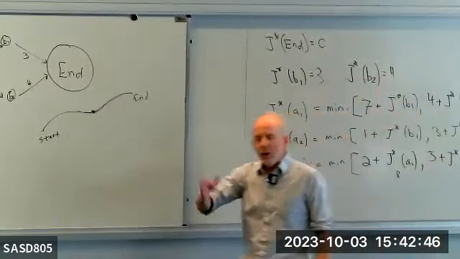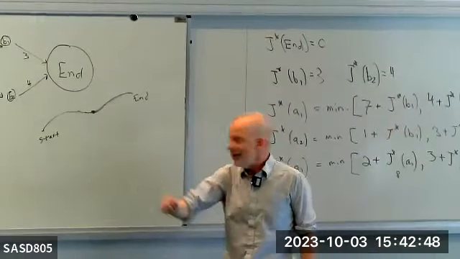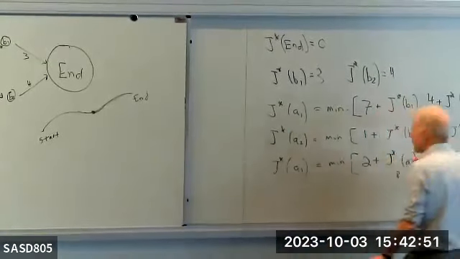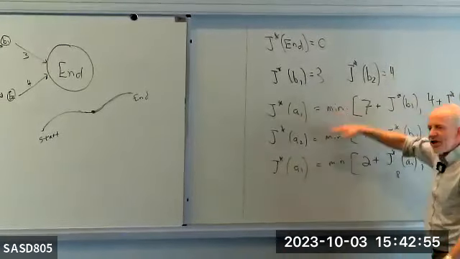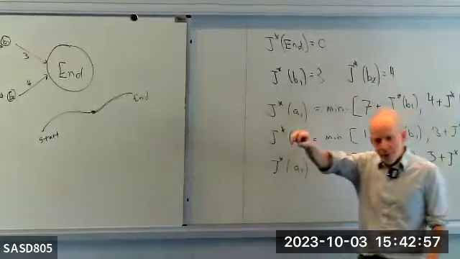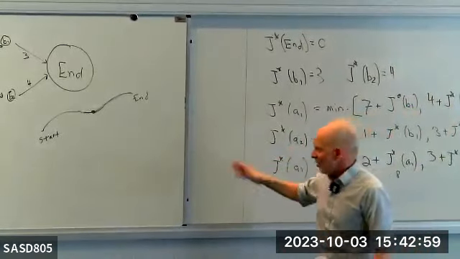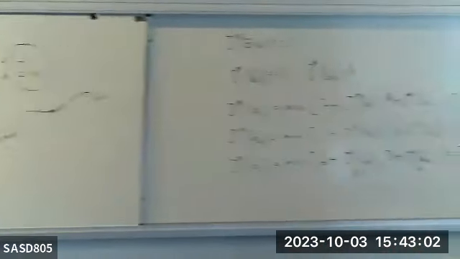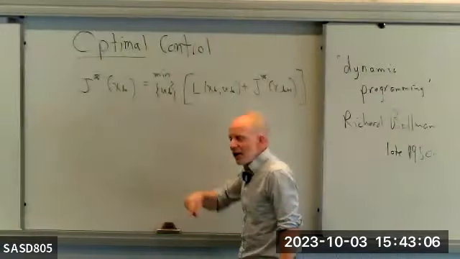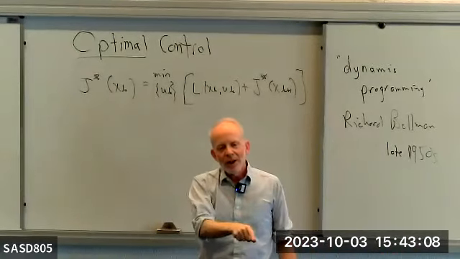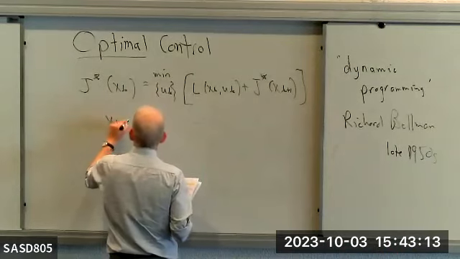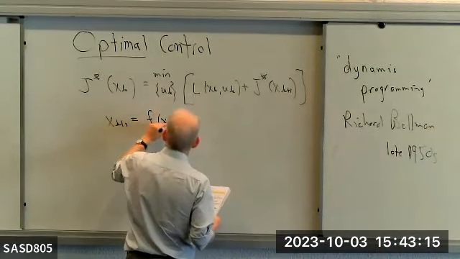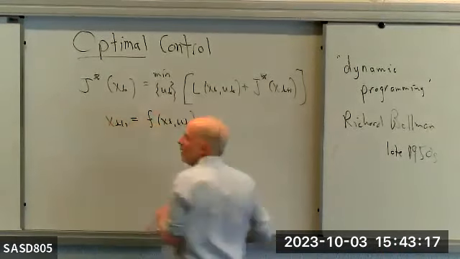In the general case, it would be what value of control u do I choose? So you go through this recursion, and at each step you record the value of u that you would choose. At the end, when you've gotten back to your initial condition, you also have a set of instructions of u, and then you can go forward in time solving xk plus 1 is f of xk, uk.